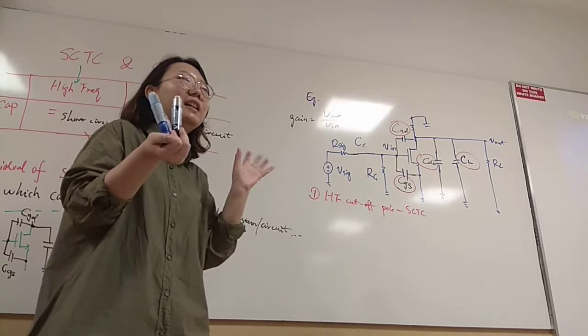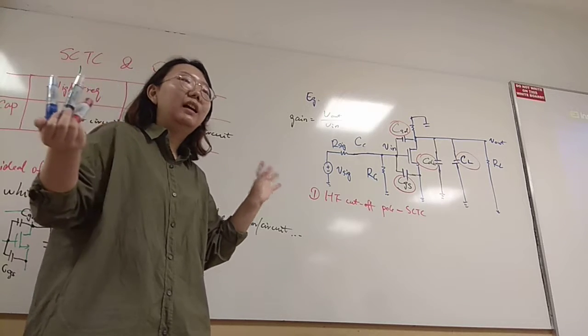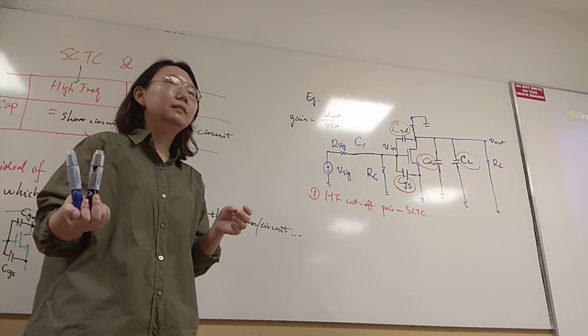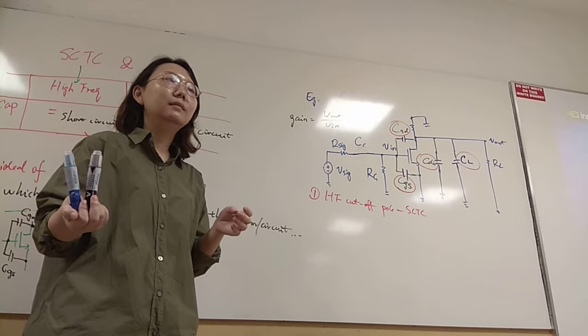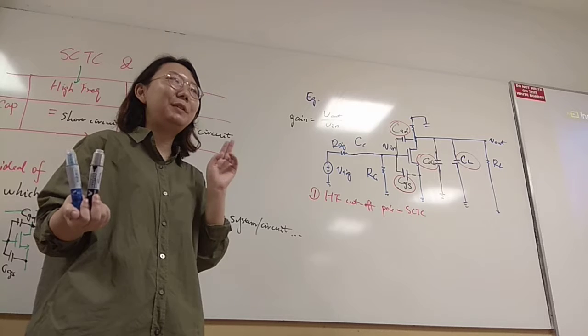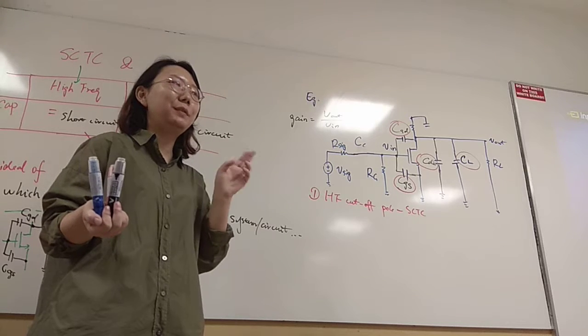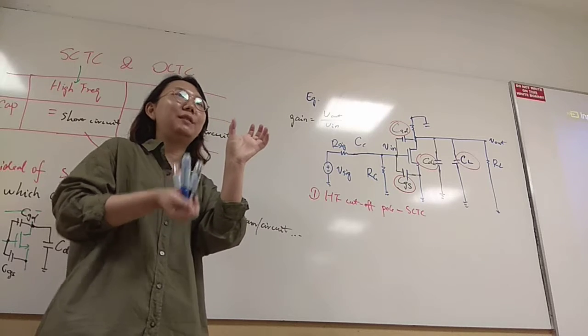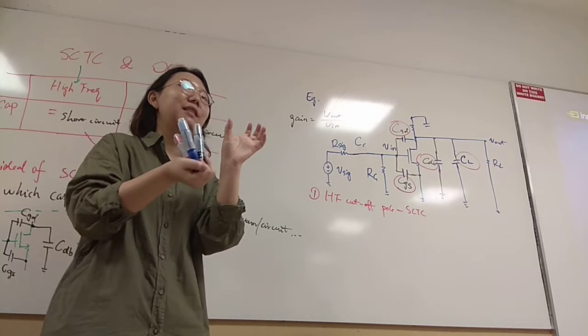What do you mean by Ri seen by Ci? Resistance of capacitance? No, it's not. It's not the resistance of the capacitor. Never confuse your Ri with the resistance of your capacitor.